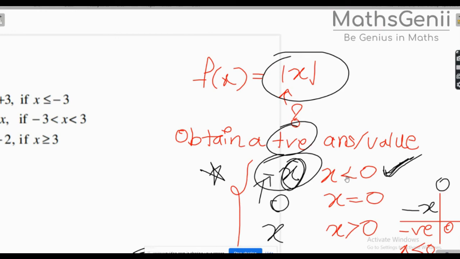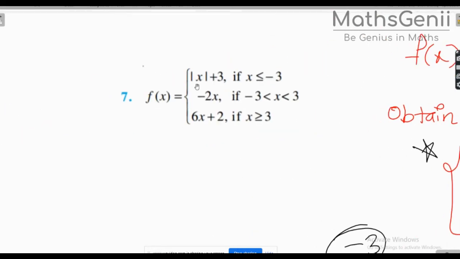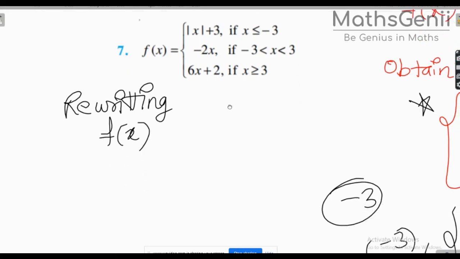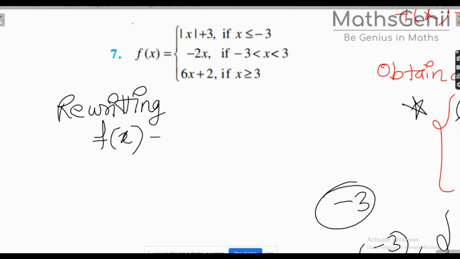Because x less than, for x less than, what do you write? Minus x. So I'm rewriting this question. I hope you have followed the entire story of why we had to rewrite this question, because you cannot go ahead without rewriting it.